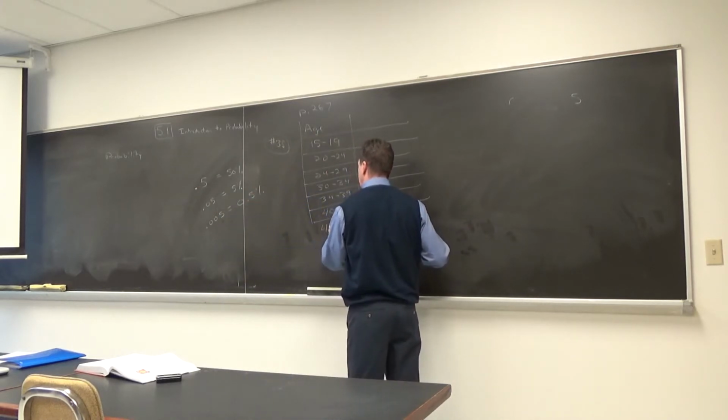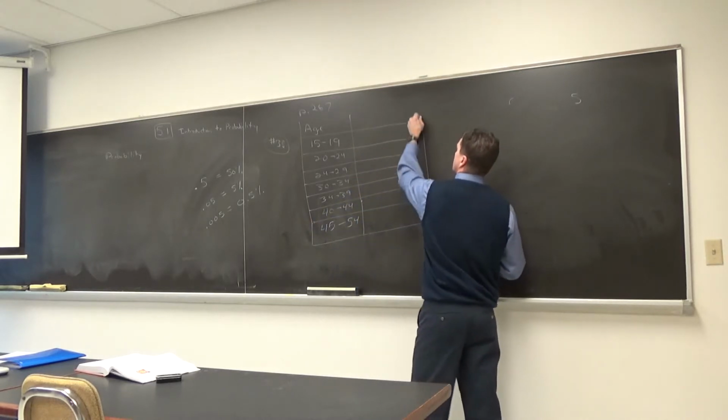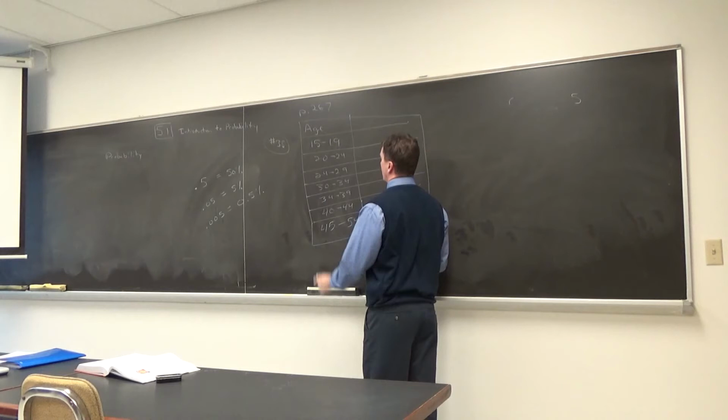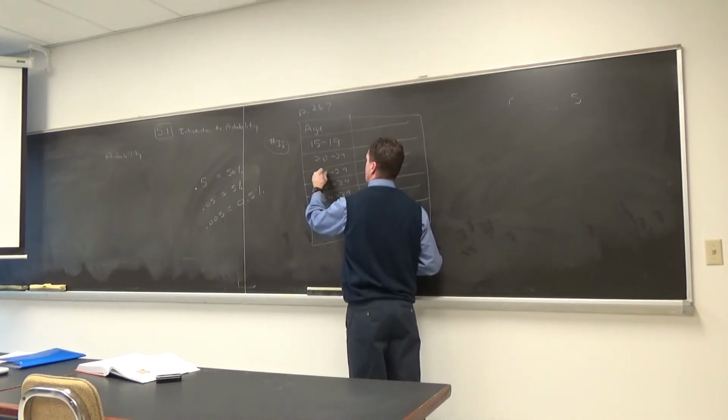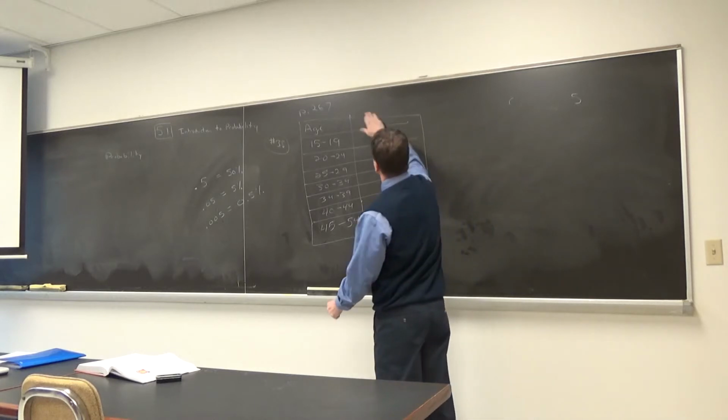They went all the way up to 54 with this last one. Those are 8. Professor, that should be 25 to 29. Oh, thank you so much. Thanks again, Art. No problem. So these are the ages.